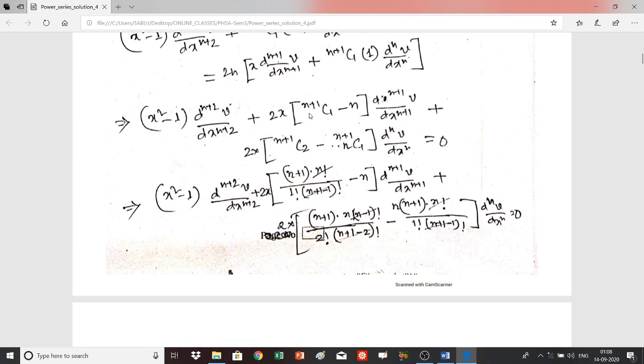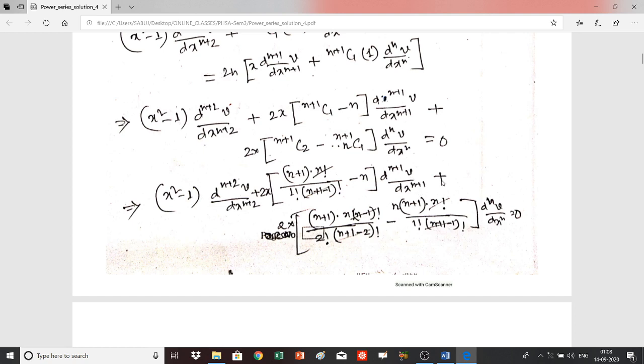And you know that (n+1)! can be written as (n+1) into n!, because n! is equal to n into (n−1)!, and here it will actually be (n+1−1), that means n!. So n! and n! will cancel each other, and then minus n is here, d^(n+1)v by dx^n.